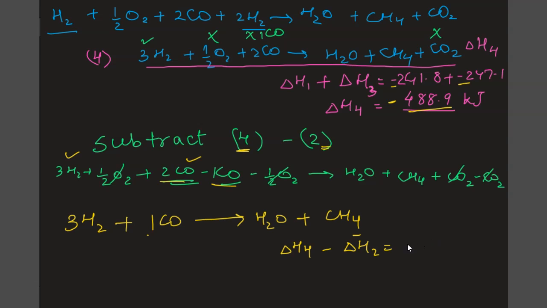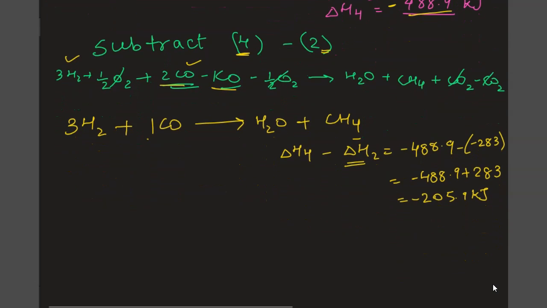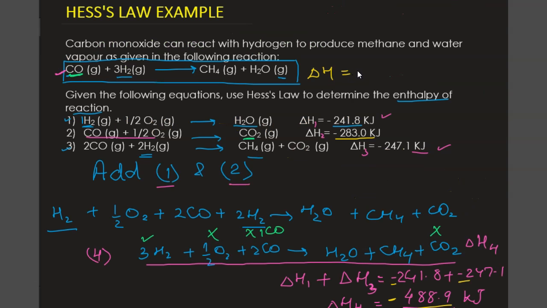So delta H4 is negative 488.9 minus delta H2, which was negative 283. When we put this on the calculator, we get negative 488.9 plus 283, which is equal to negative 205.9 kilojoules. So the final reaction with the final delta H is negative 205.9 kilojoules.